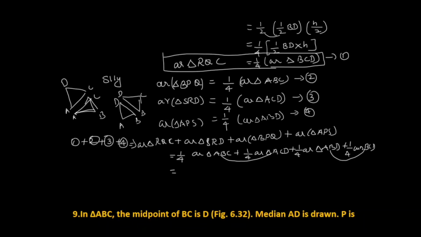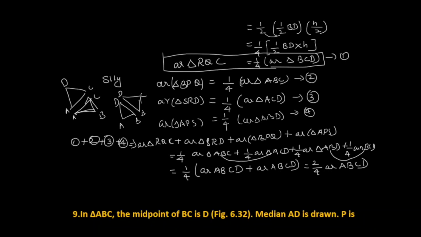So 1/4 is common, so take it outside. ABC plus ACD gives area of quadrilateral ABCD, plus once again we are getting area of quadrilateral ABCD. 2 times we are getting the area of quadrilateral, that is equal to 2/4 times area of quadrilateral ABCD.